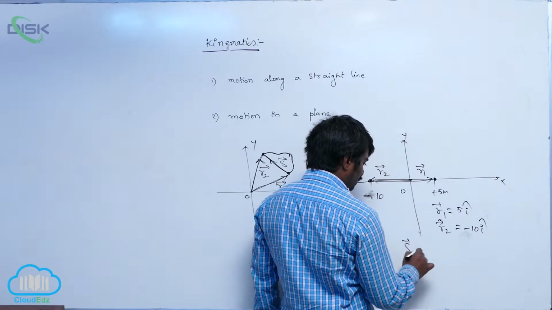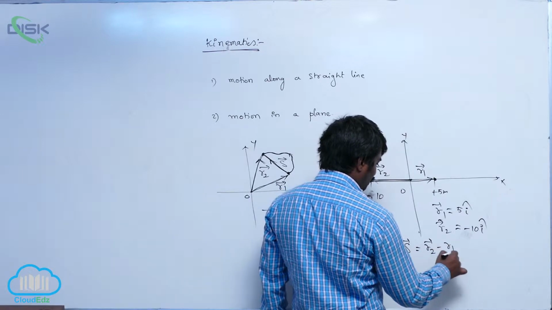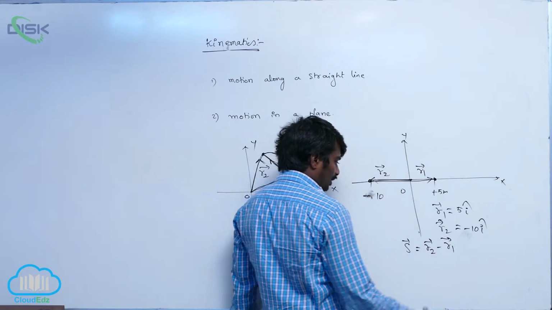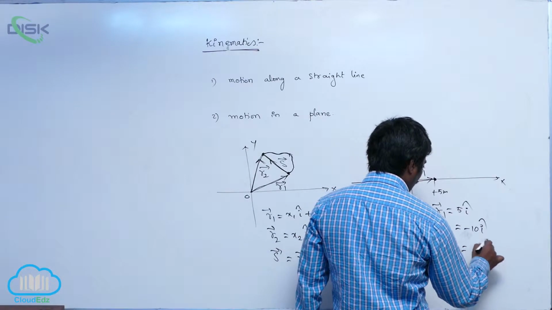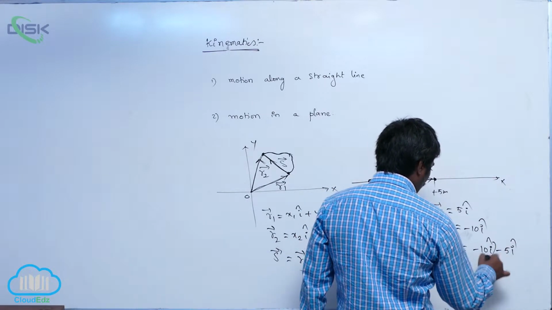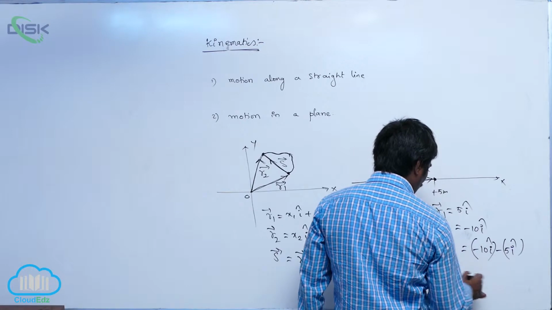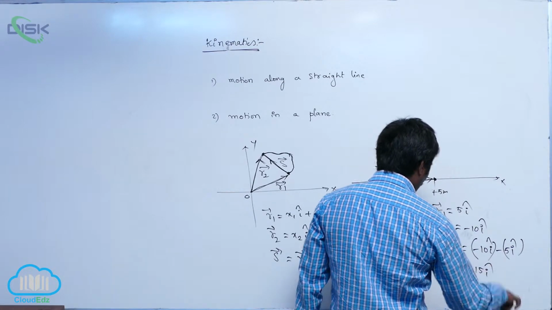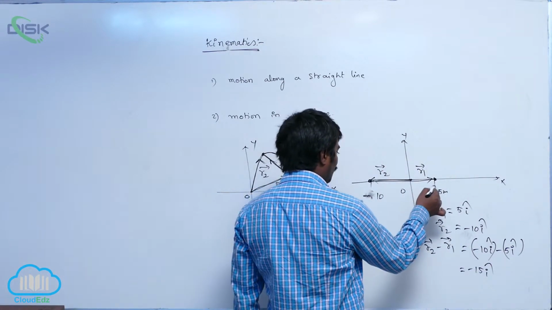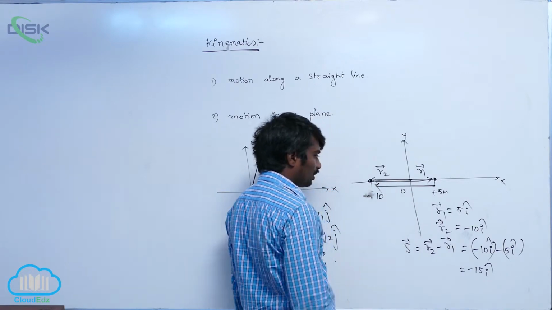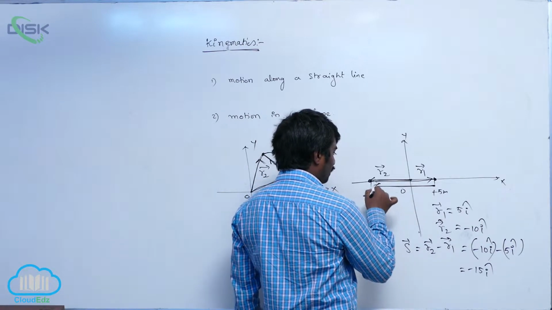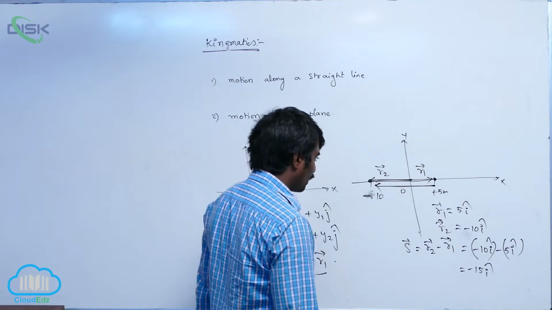So displacement is equal to r2 bar minus r1 bar, that is minus 10 i cap minus 5 i cap, so minus 15 i cap, and its direction is again from initial position to final position. So this is the direction of the displacement.